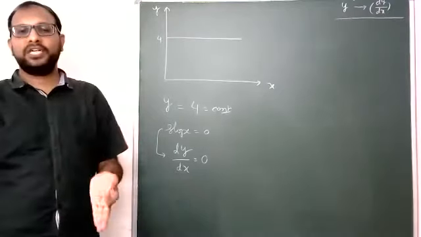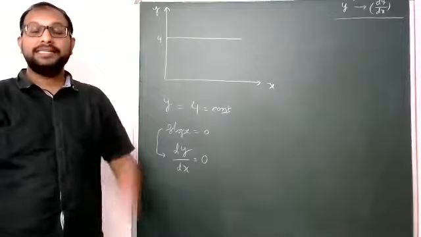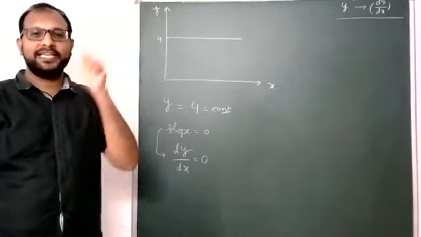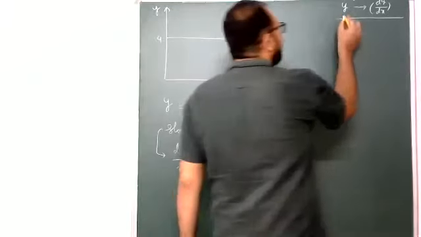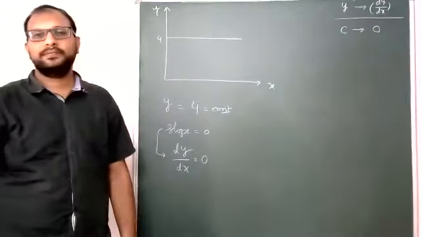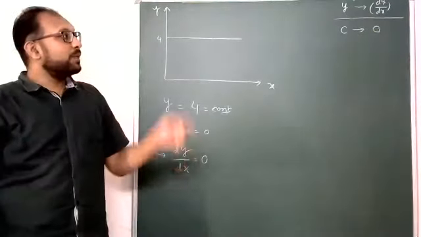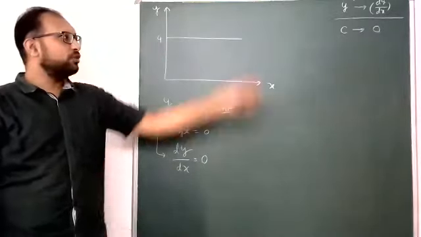Y is our function, dy by dx is the slope of the function. That slope is nothing but our differentiation. Yes, here first we got y equal to some constant c. What is the slope of a constant? 0. That means what is the derivative of a constant? 0.